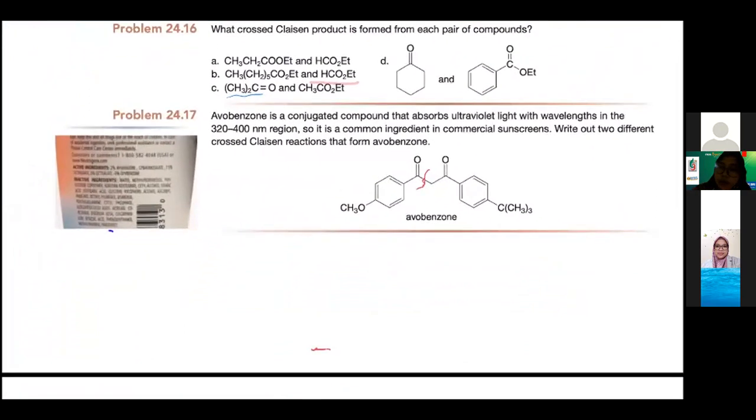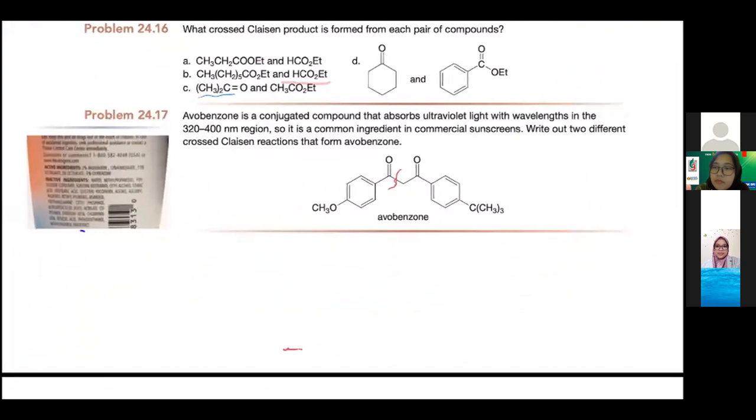And next is also one example: avobenzone. This one is our target product, and how to synthesize this compound using the Claisen reaction.